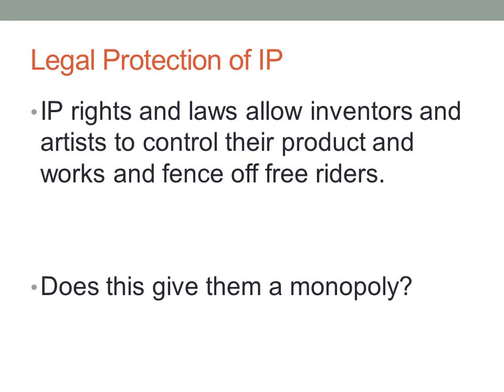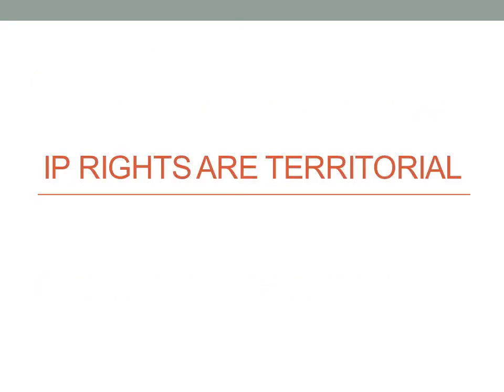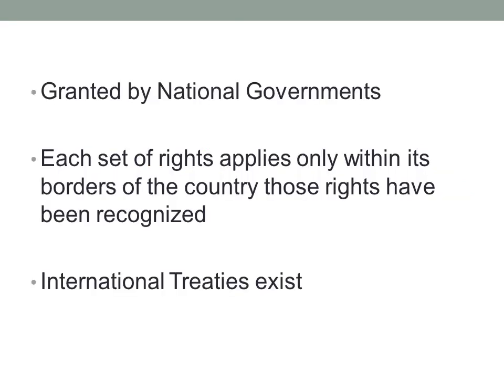What do I mean by that? They are territorial. They are granted by national governments. Each set of rights applies only within the borders of the country where those rights have been recognized. We do have international treaties that exist relative to copyright.